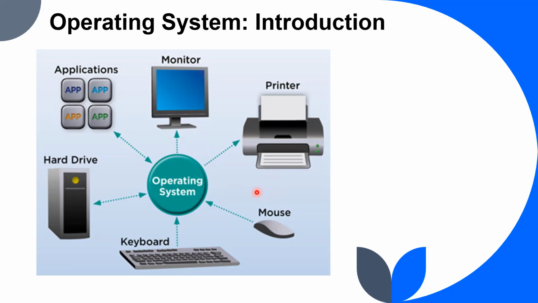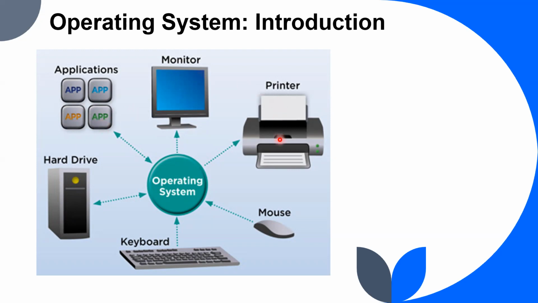Whenever we use our computer in our day-to-day activities, we observe so many devices that are interconnected, which include the monitor, the input devices that are keyboard and mouse, and also some output devices, which include the printer and the CPU. And there are several applications running on top of this hardware.